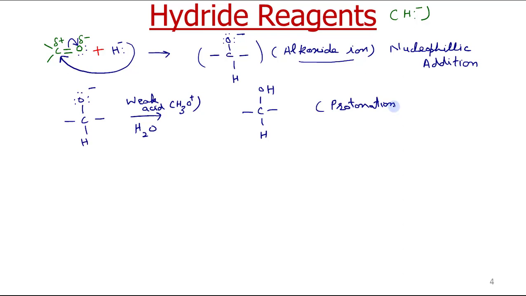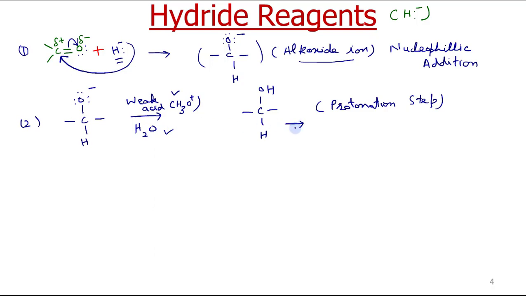This is called the protonation step. So overall this mechanism involves, the first step is addition of a nucleophile which is hydride ion. The second step is protonation, which can be achieved either using weak acid or water, and the resulting product is alcohol.